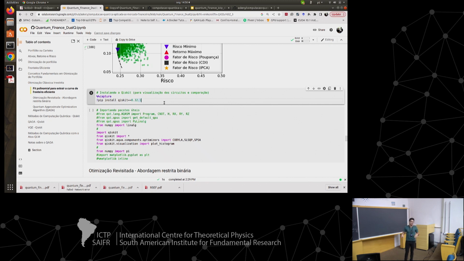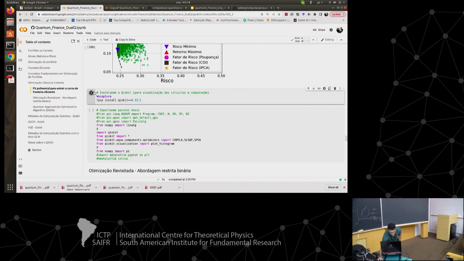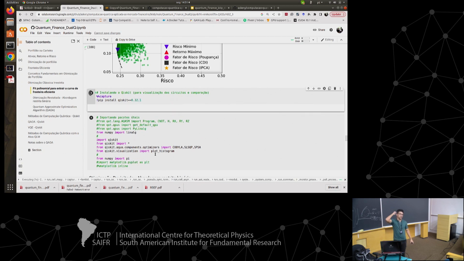So basically you say, solve QUBO with any qubits, with any layers, please solve for me. I don't want to tell more than that. It's the one I'm using here, and it's deprecated now. So for new versions of Qiskit, it doesn't work. This is the last version where it works, so you have to install this specific version.